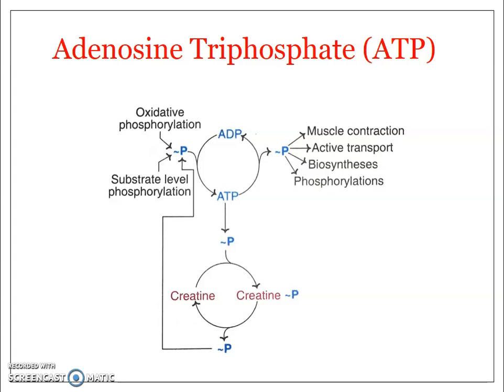Other than that, as already mentioned, it is a very important energy currency, a source of energy, and a phosphorylating agent. It is also used in the synthesis of many molecules, and it serves as a reservoir of chemical bond energy for the synthetic needs of the cell. So all these are different roles performed by ATP in a cell.